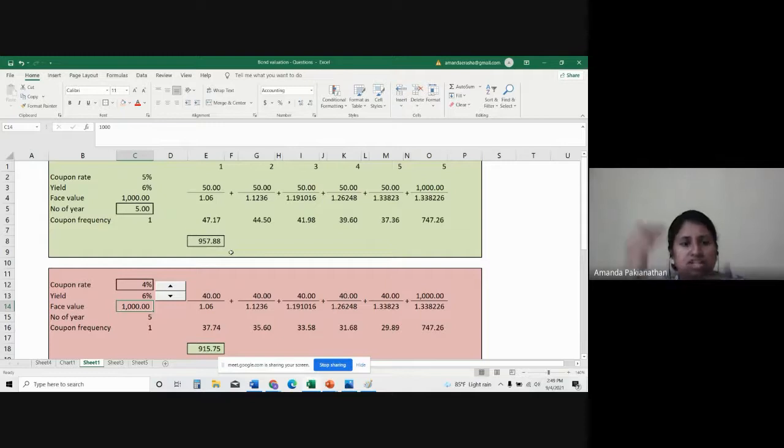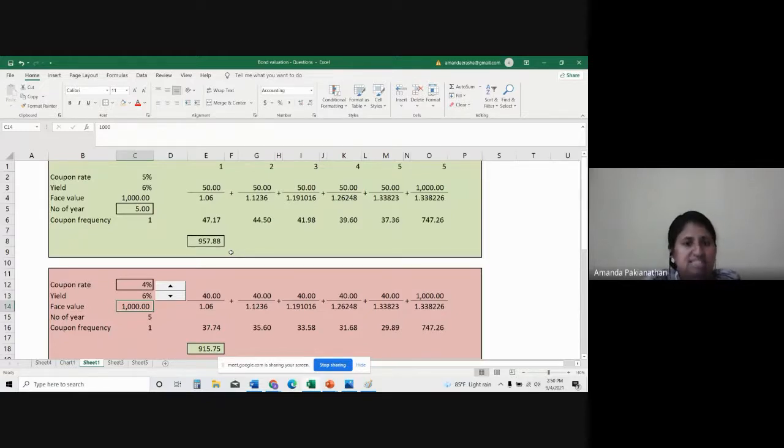But the issuer is only giving 4% as annual coupon rate. Is it enough for me? I'm expecting 6% as my return for a year, but the coupon rate is only 4%. Is it enough? It's not sufficient to cover my expected rate of return.